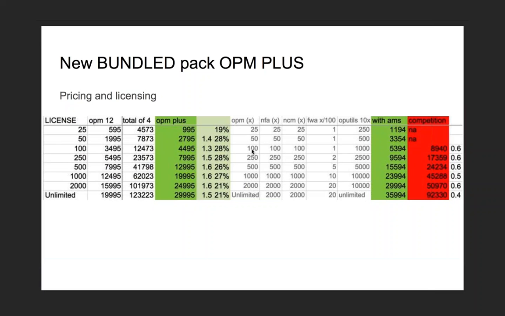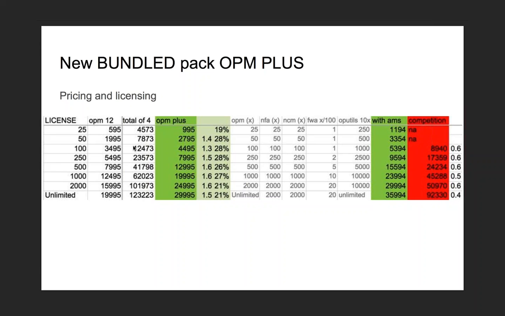If you purchase OpManager separately for 100 devices, it will be $3,495. Let's say you also want to purchase NetFlow and other plugins: 100 interfaces in NetFlow, 100 devices in NCM, which is Device Expert, one firewall device, and 1,000 IP addresses in OpUtils. If you buy these four, NFA, NCM, firewall, and OpUtils, together, it will come to $12,473.